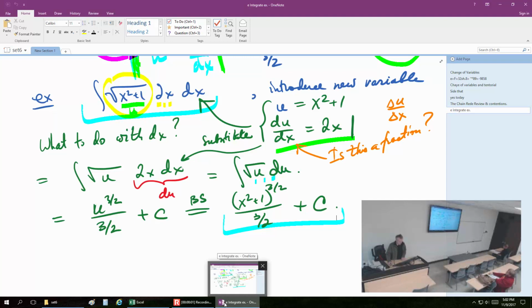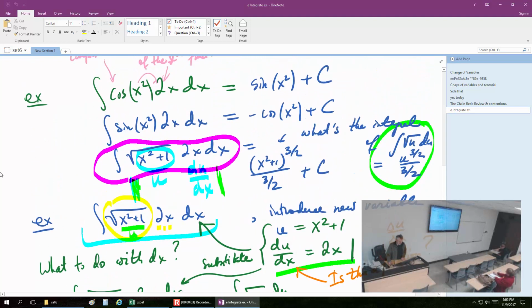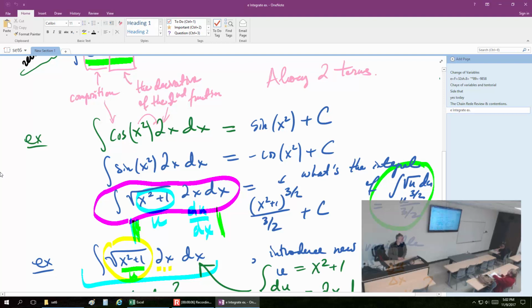Integration by substitution. So any questions about it? The current homework isn't about that, so you shouldn't wait. It's probably a good idea to start trying some of these problems early on, when it's still fresh.